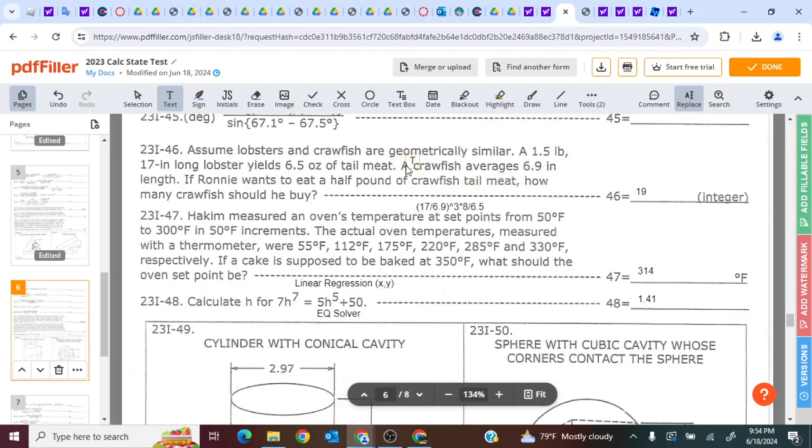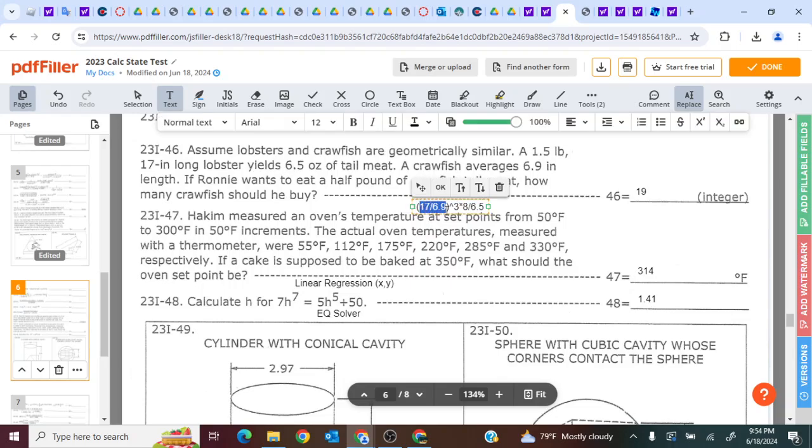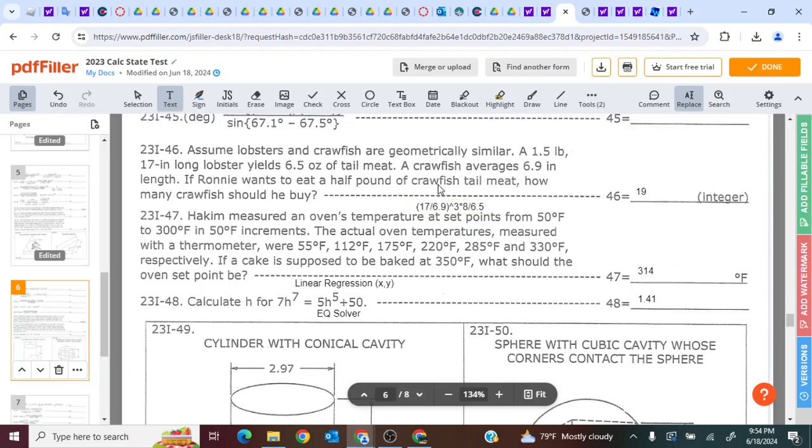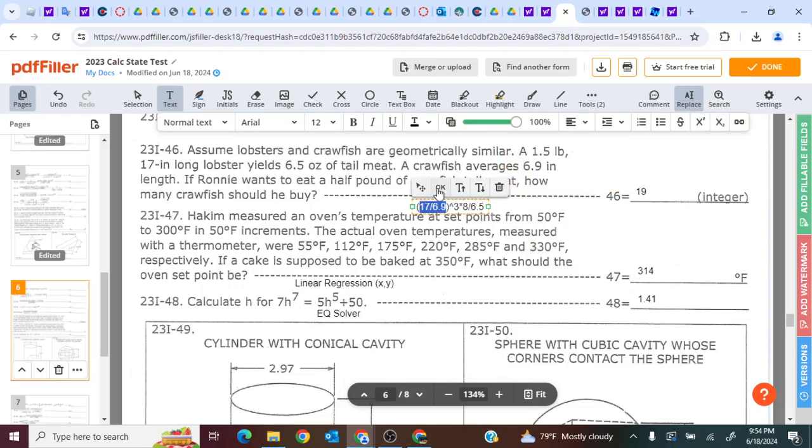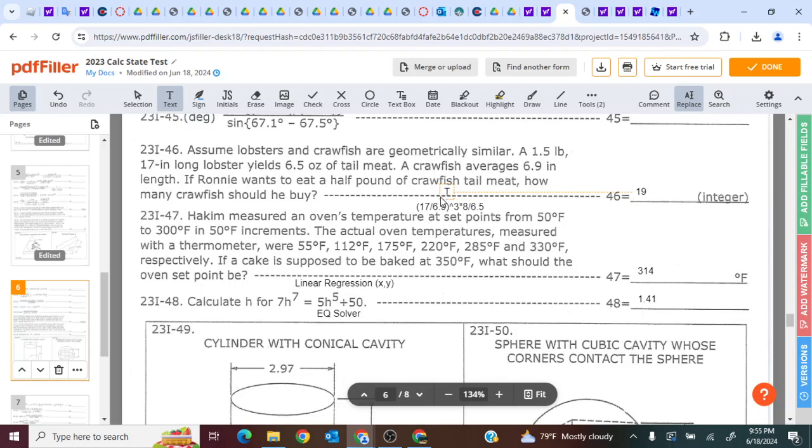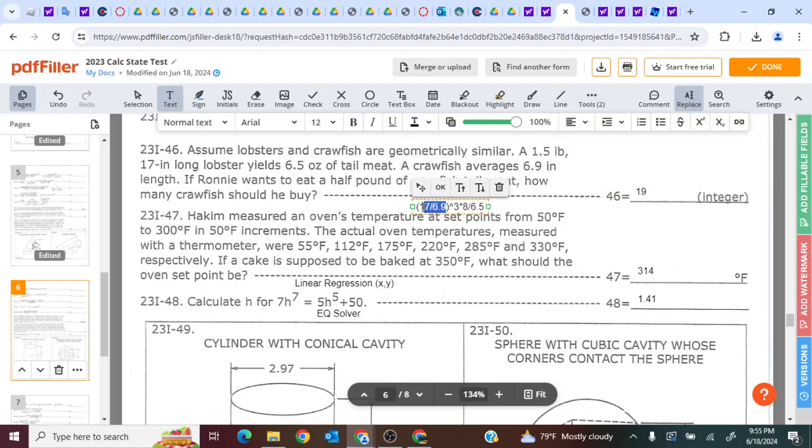Now you got to figure out how many crawfish it would take to fit. I guess a way to put it would be how many crawfish could fit inside a lobster, because each lobster has a side length of this much over times the length of the crawfish. That means that many times more crawfish are needed to match a lobster in terms of length.